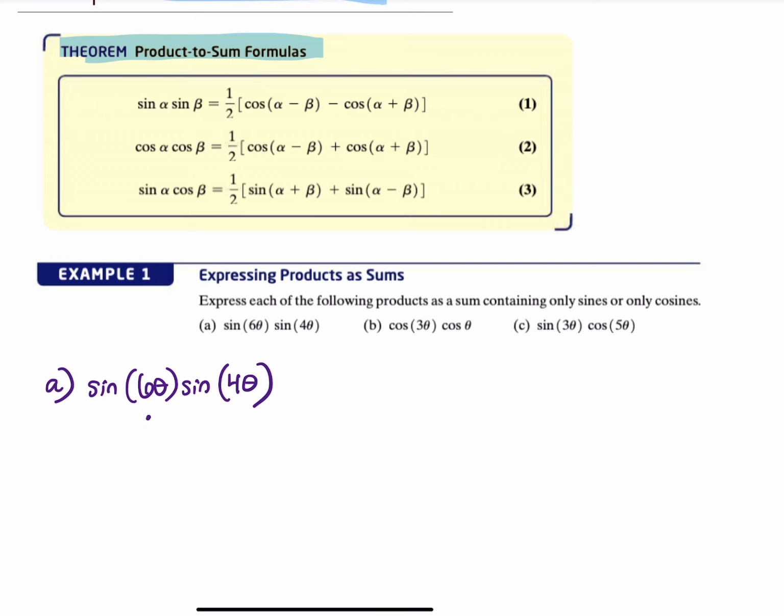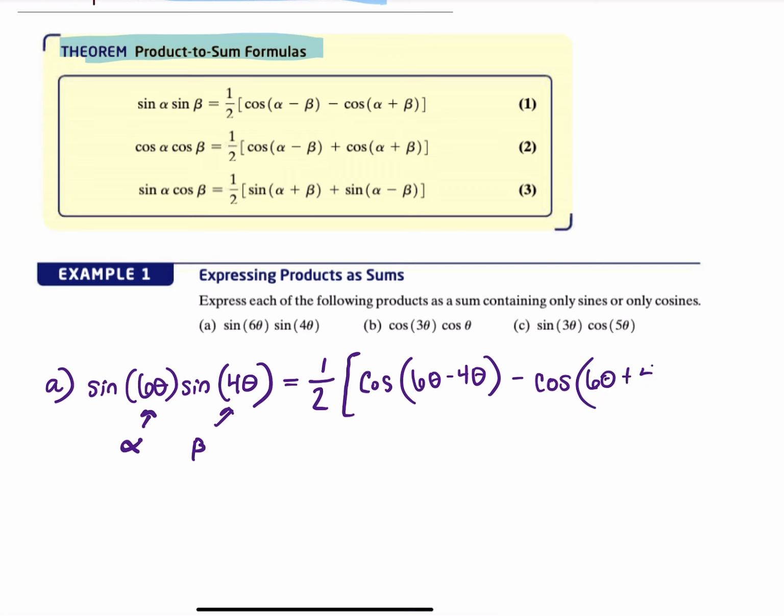This can be like our alpha, 6 theta, and the 4 theta is our beta. So this can be written as 1/2 times the cosine of alpha minus beta. So this would be 6 theta minus 4 theta minus the cosine of alpha plus beta. So 6 theta plus 4 theta.